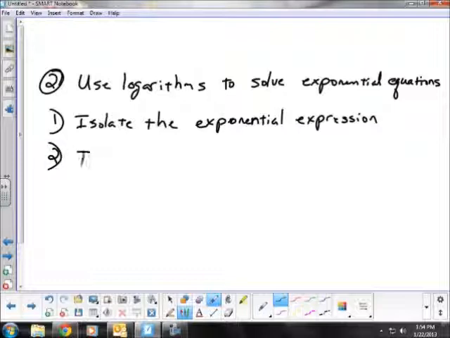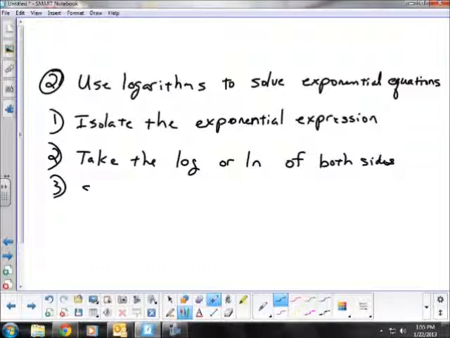Then we're actually going to take the log, and we're going to need to use base 10, or we're going to use the ln of both sides of the equation. Then we're going to simplify and solve for x.